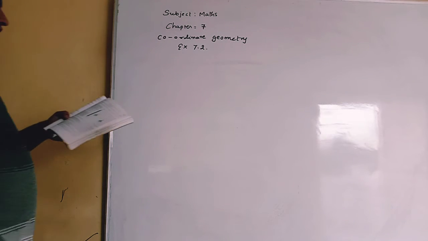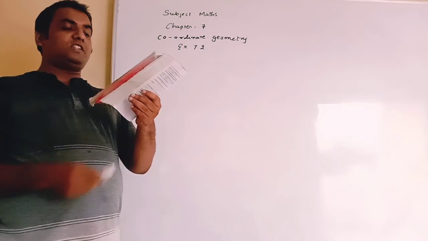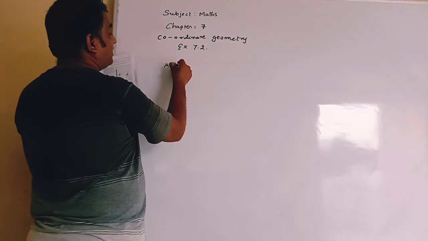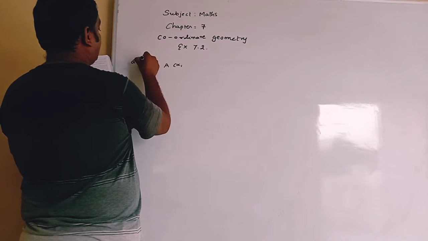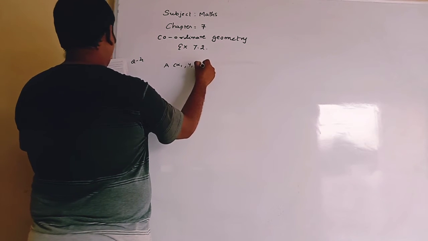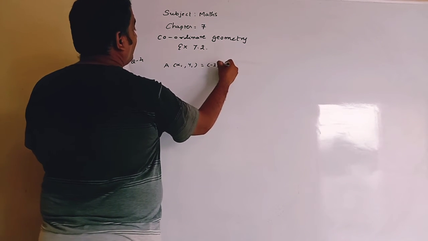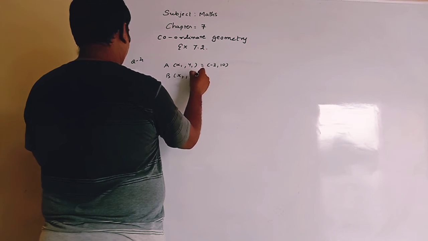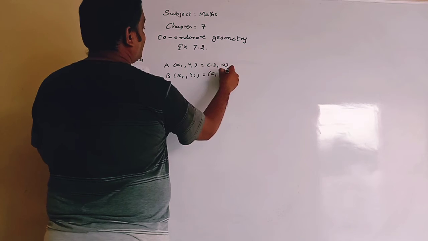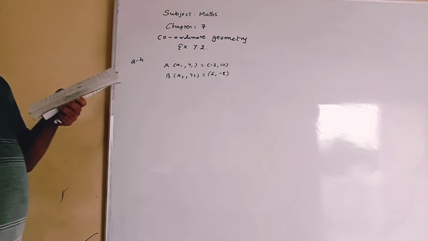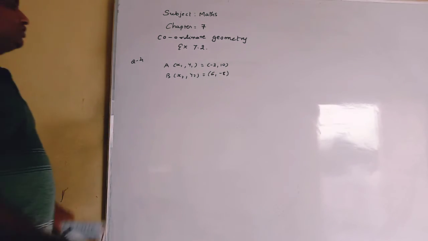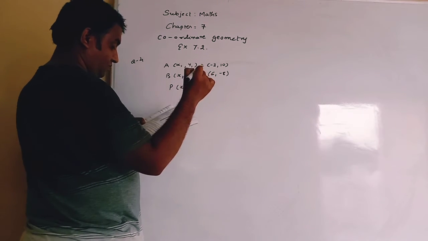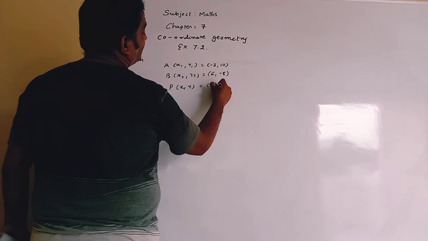Now we have the question: find the ratio in which the line segment joining the points A(x1, y1) given as (-3, 10) and B(x2, y2) given as (6, -8) is divided by the point P(x, y) given as (-1, 6).